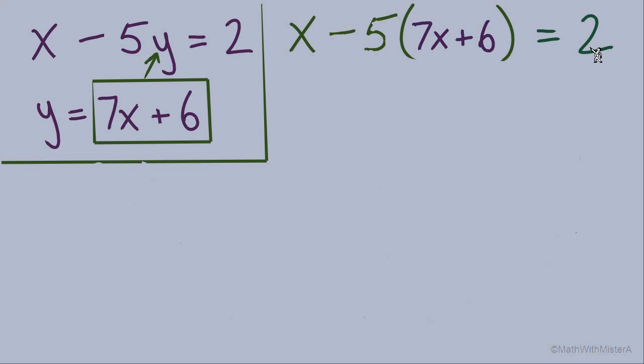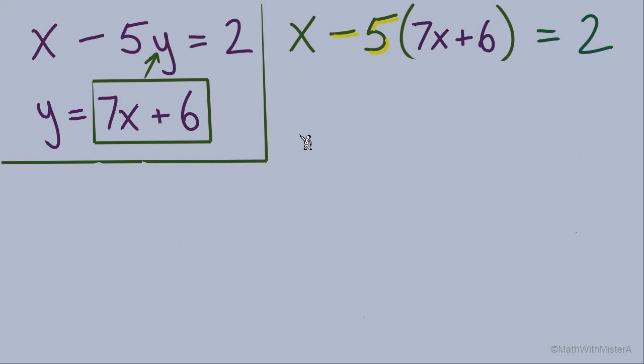Now be very cautious about our distributing here. Basically what I'm spotting is this negative 5. And when I distribute, I will be multiplying a negative number, a negative 5, to each of these terms. I think that is my preferred way to keep my signs accurate when I'm distributing. If I see a minus right here, I will just go ahead and distribute, multiply through a negative 5.